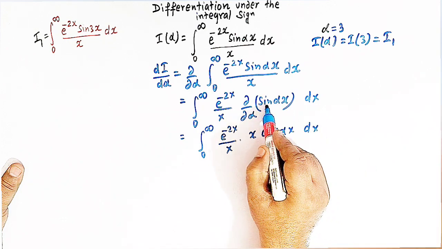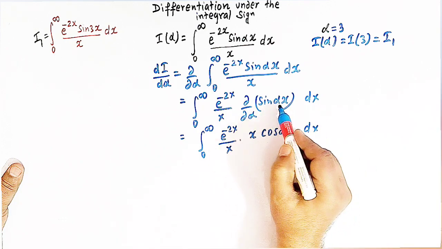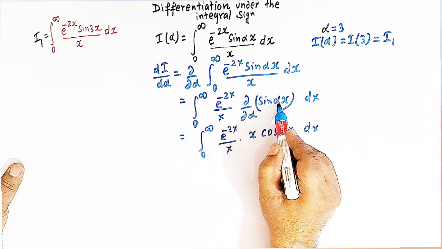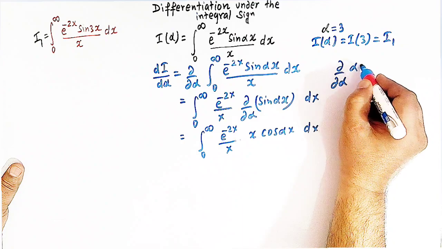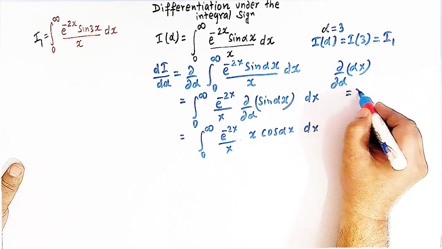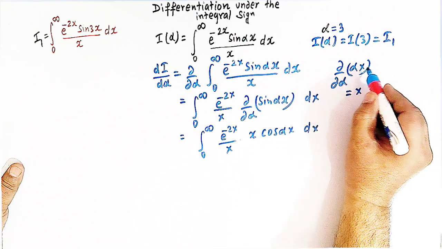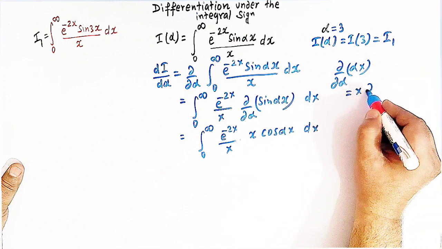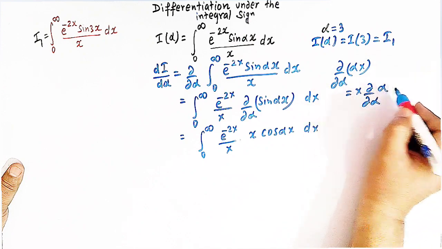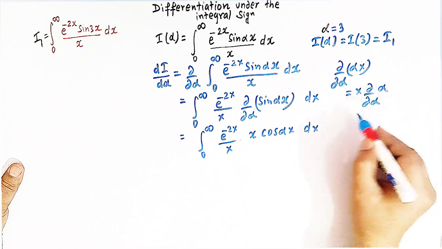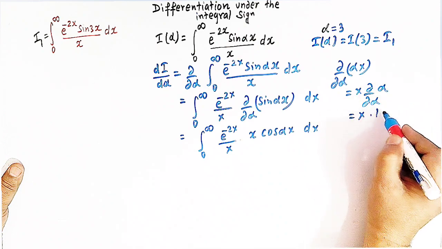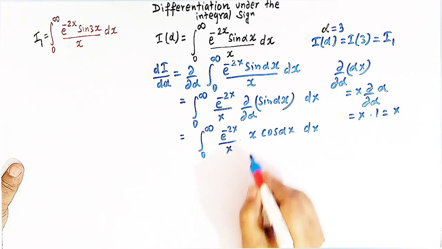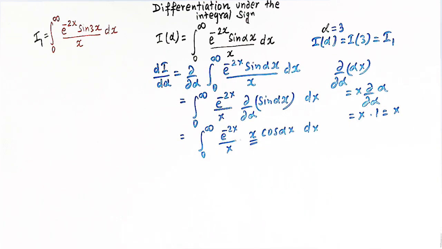Because the derivative of sine is cosine, and by chain rule the derivative of alpha x, that is del over del alpha of alpha x, is given by x, because we are taking x as constant. So the derivative of alpha with respect to alpha is 1, so we have x, right? So this is our x.